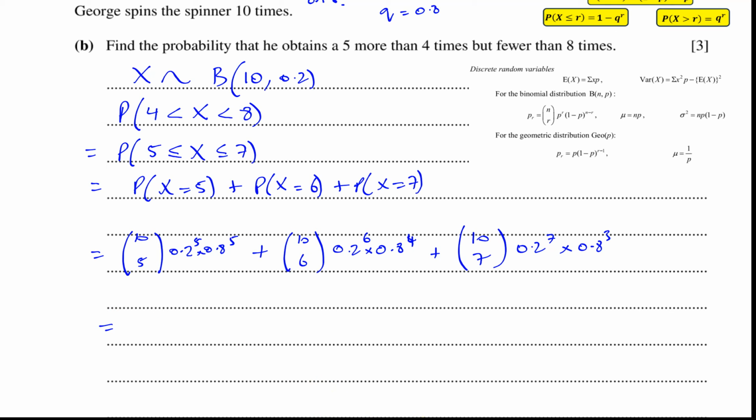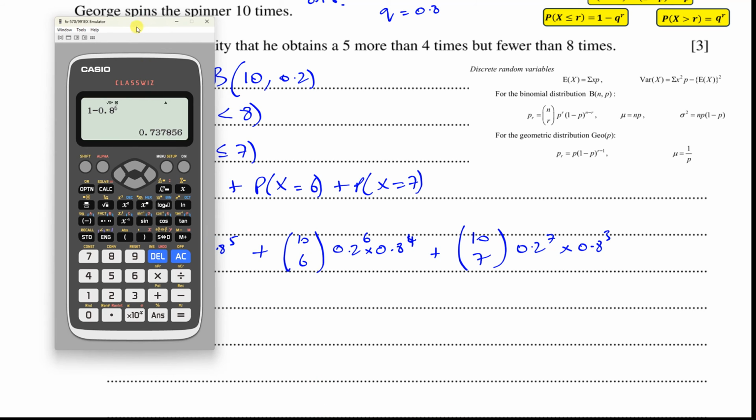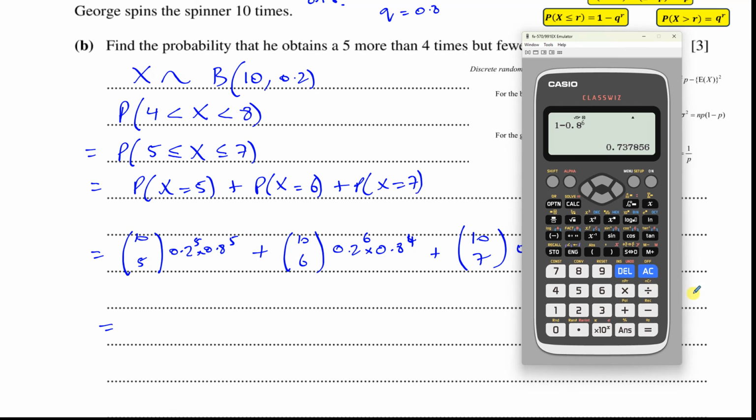And you can just put that in a calculator. So we know, hopefully, how to use this button. 10C5, we use the nCr button, which is this one here. So you have 10, shift, and you press this. That's 10C5 times 0.2 to the power of 5 times 0.8 to the power of 5 as well.